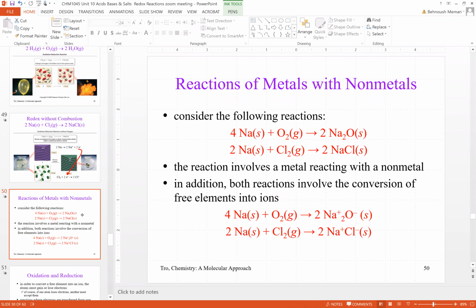Reactions of metals with non-metals, because metals like to lose electrons and non-metals gain electrons. A metal would lose electrons and change to a cation, a non-metal would gain electrons and change to an anion, then electrostatic attraction between the two is going to form the formula unit or the ionic compound.